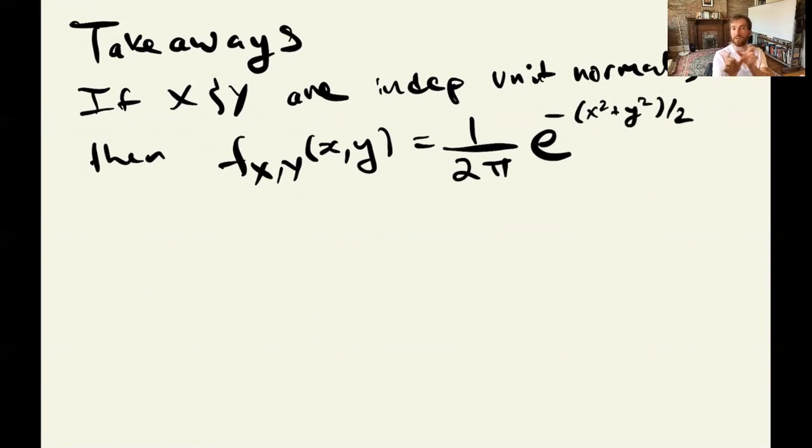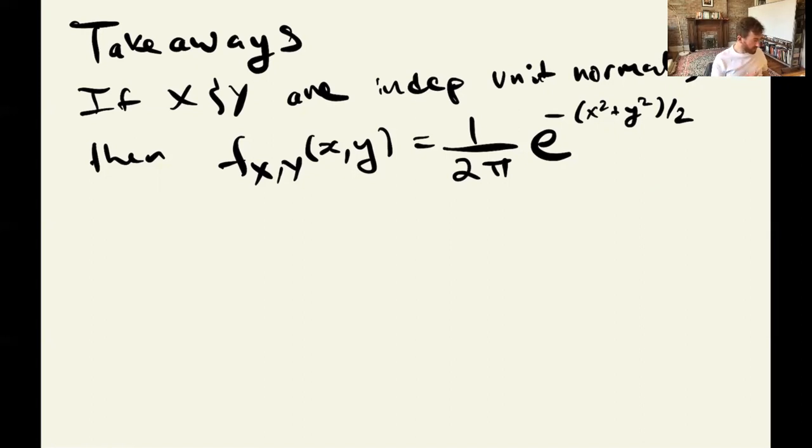Which is exactly what would happen if you took the formulas we used earlier with that pesky square root of 2 pi and multiplied them together. Square root of 2 pi times square root of 2 pi gives you 2 pi. So that's pretty cool.